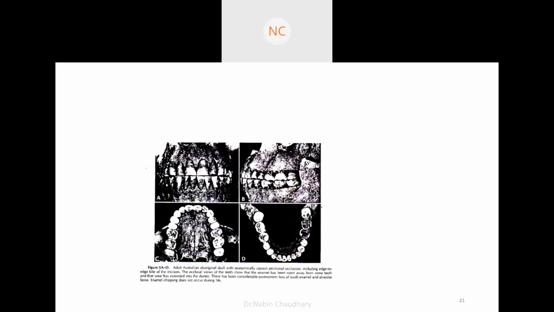He made several observations on the Australian Aborigine before writing the article, where he found severe attrition present in the Australian Aborigine person, and the attrition was present in such a way that the dentition tried to achieve an edge to edge relationship.